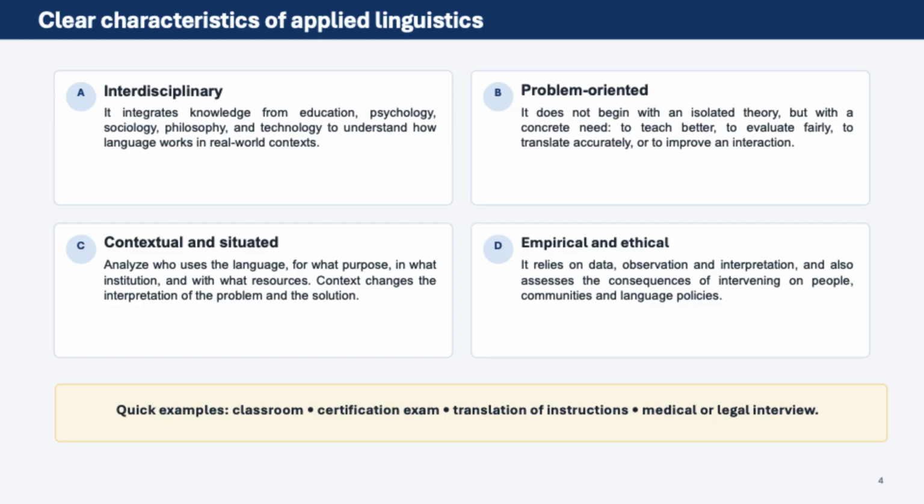Applied linguistics studies concrete problems related to language in real-world contexts. Although it is often associated with language teaching, it also addresses translation, language policy, and discourse analysis. Its practical focus seeks to solve specific issues like improving reading comprehension or interaction between people from different language backgrounds.